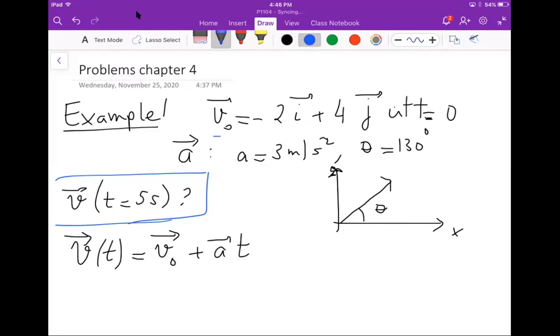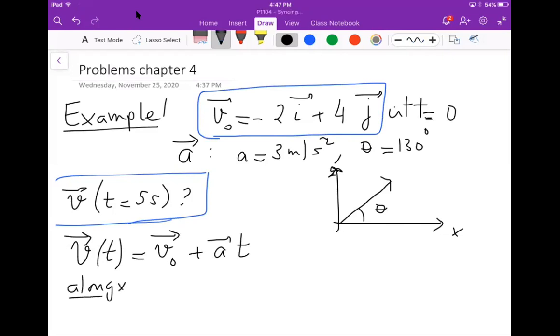It is given by v0 equals minus 2i plus 4j. And the acceleration is clear as well: a equals 3 meters per second squared for the magnitude, with a given direction. So let's actually do it. What we know about this equation is that we can write it projected along x and projected along y.